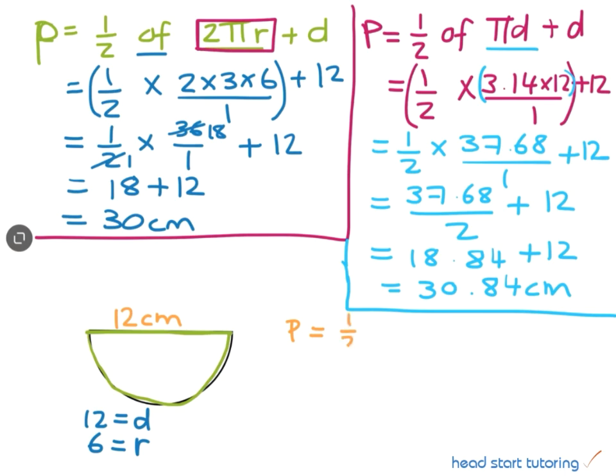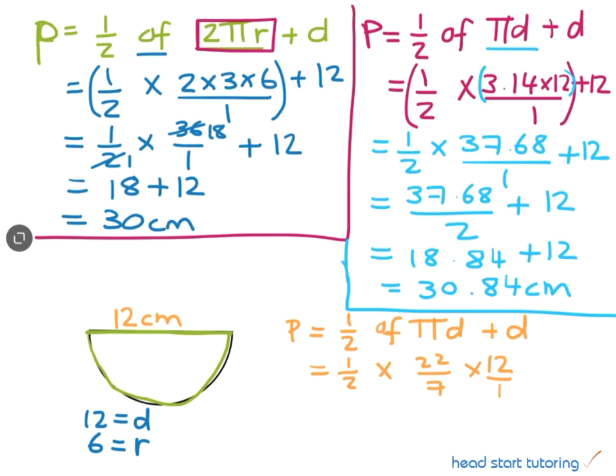Let's now have a look at the perimeter of this semicircle using pi equal to 22 over 7. So let's look at half of pi d, and we remember to plus our diameter at the end. That is equal to half multiplied by 22 over 7 multiplied by 12, because that is our diameter.